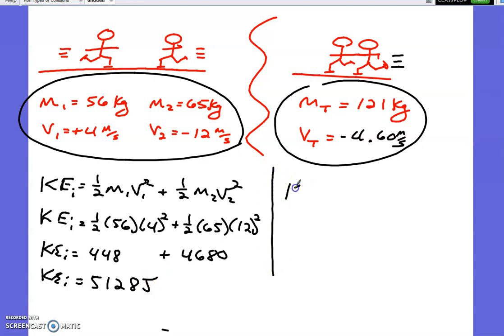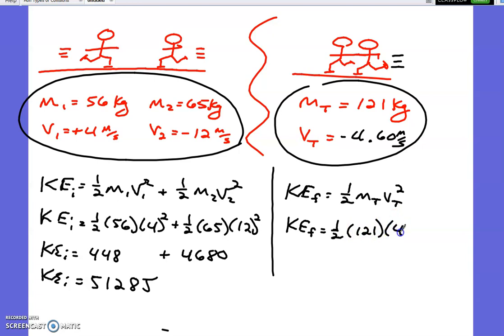Now we solve for the final kinetic energy. There's only one object here, so there's only one 1/2 mv squared. If there are two objects, then we write two of them just like we did before. Our mass is 121.